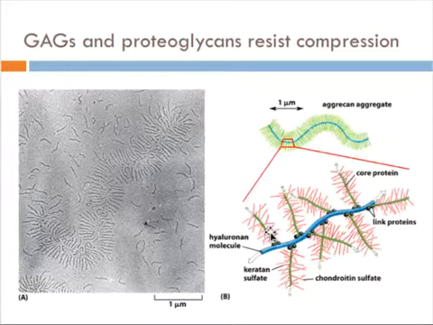Others tend to have more collagen in them, and so it's a much heavier, denser tissue, and that would be something like the overall matrix in the cartilage that is holding your knee together, which can withstand huge amounts of force.